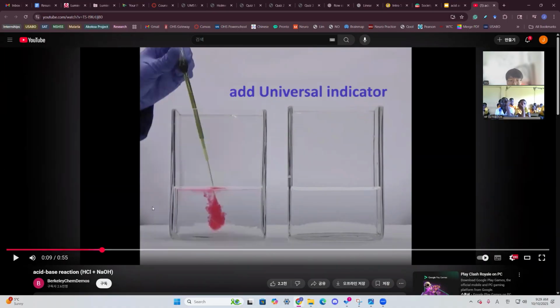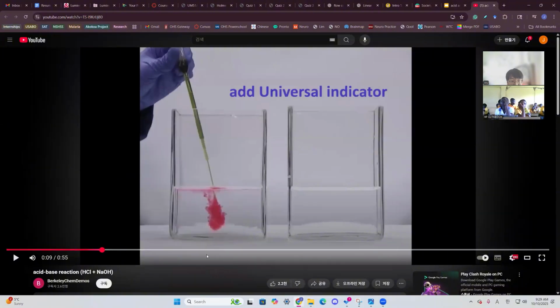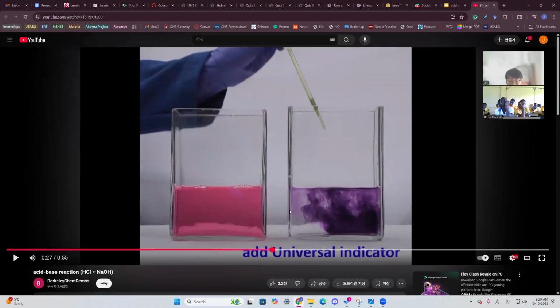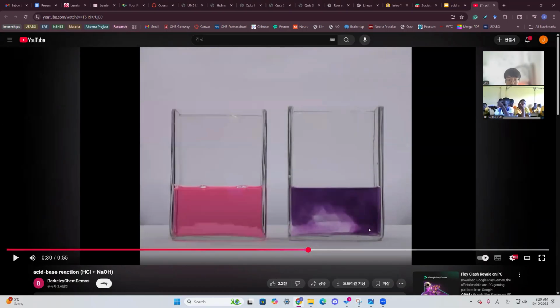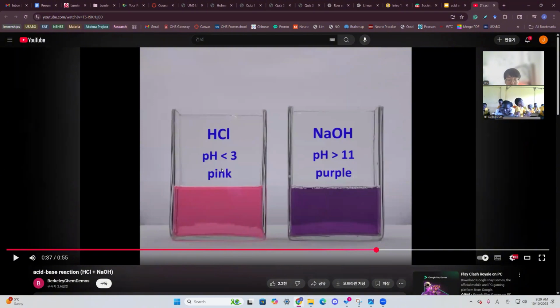First, they added an indicator, and we also added an indicator to the base as well. The indicator just shows whether it's an acid or a base. If it's more pink-like here, then its pH is low, it's an acid. If it turns purple, then its pH is high and it's a base.